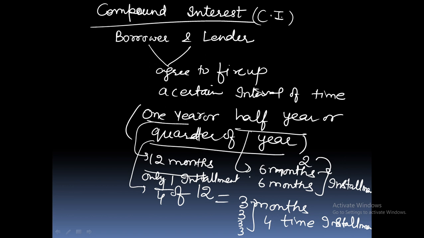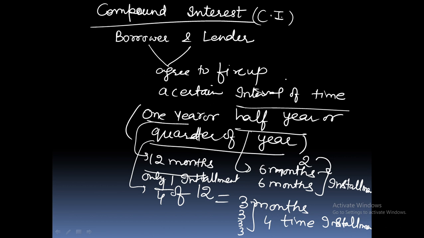If the borrower and lender agree to fix up a certain interval of time, say 1 year, half year, quarter of a year, etc., the time which is given for paying installments of the loan, then the amount at the end of an interval becomes the principal for the next interval.